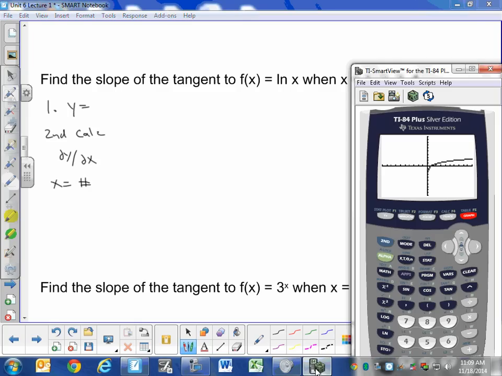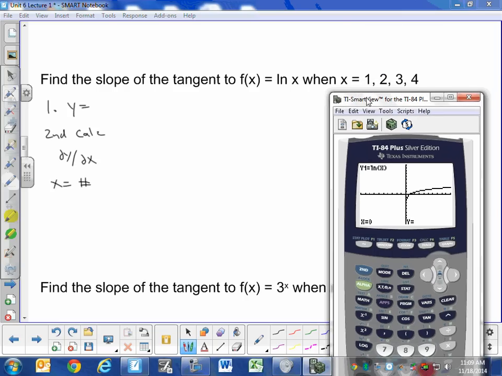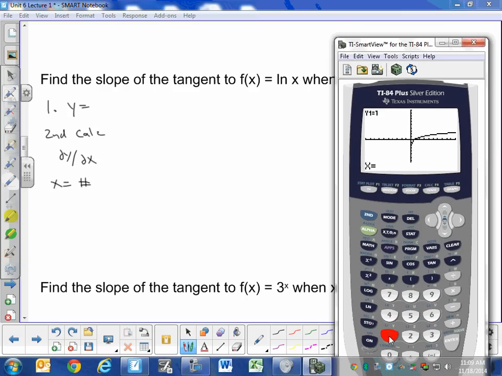So let's do that. In y equals, I go to second calc. In calculate, I see dy/dx. So I can press 6 or select it. And then I say, okay, I want to find the slope of the tangent at 1. I plug it in, and it tells me it's 1.000003.